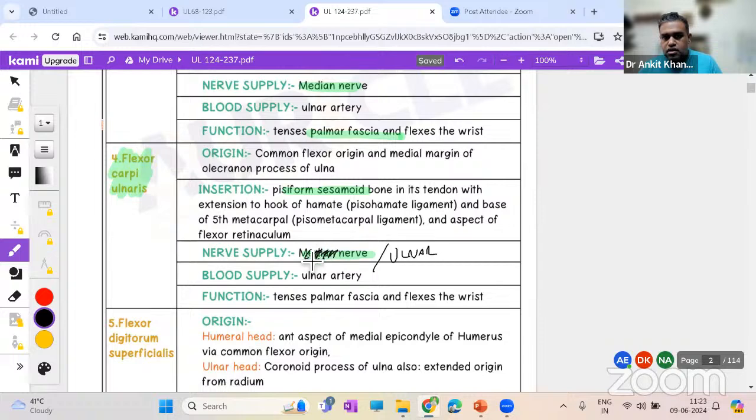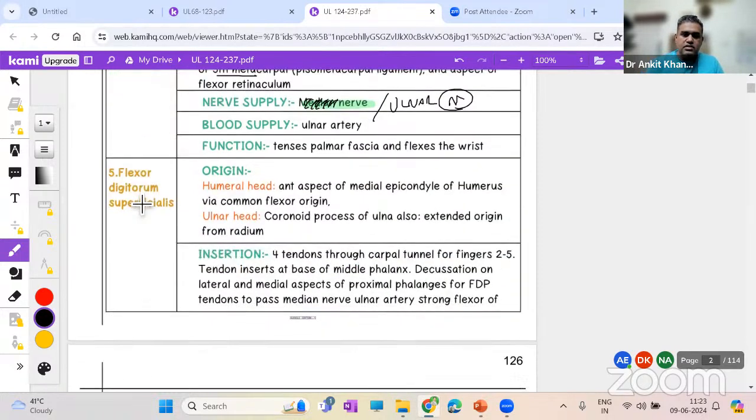Don't worry. So it is the ulnar nerve that is supplying the flexor carpi ulnaris. Okay, and it goes into the medial carpals and medial metacarpals. So these carpals, metacarpals over there, mainly the pisiform bone, and the fifth metacarpal. So this finger, fifth finger, is the fifth, right? Fifth finger, so fifth metacarpal, and these are the pisiform and the hamate bones over here. So there the flexor carpi ulnaris will go.